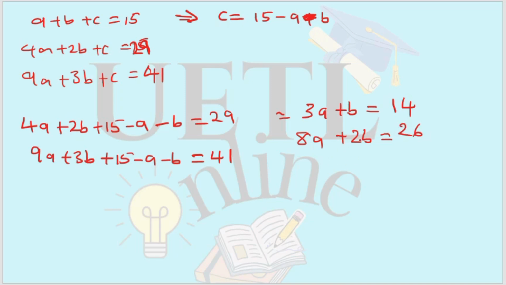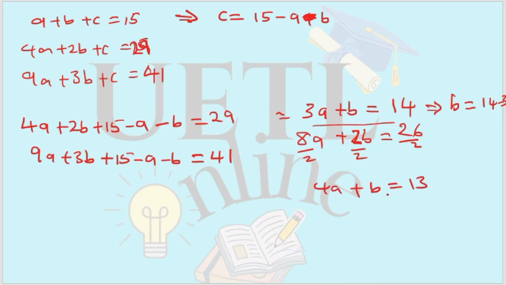Now we have to solve for A and B. Let's make B the subject of the formula here. B is equal to 14 minus 3A, right? Okay, this equation can be simplified. Let's divide it by 2, so it becomes 4A plus B is equal to 13.